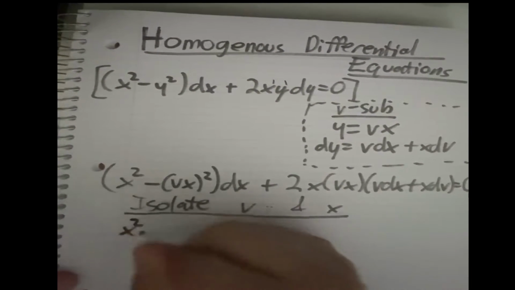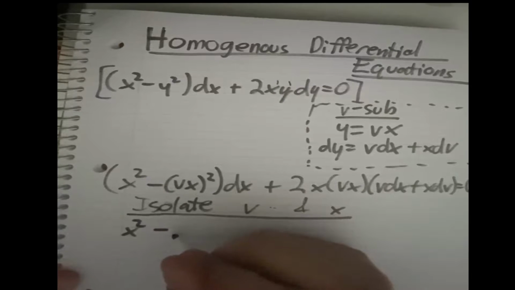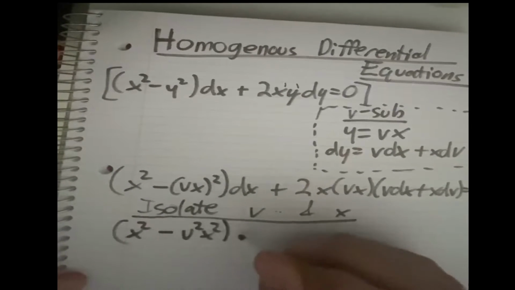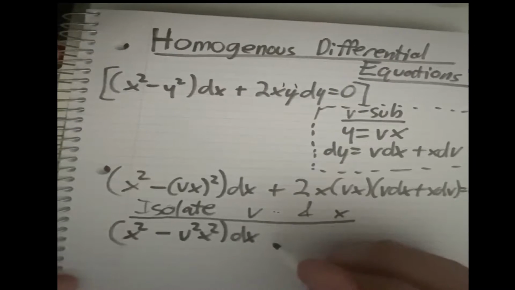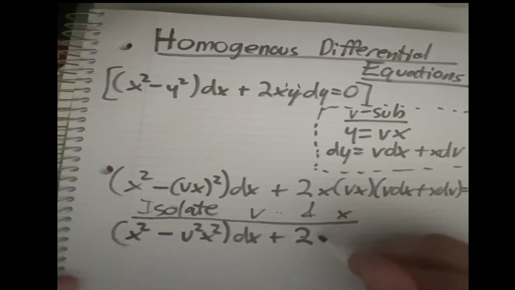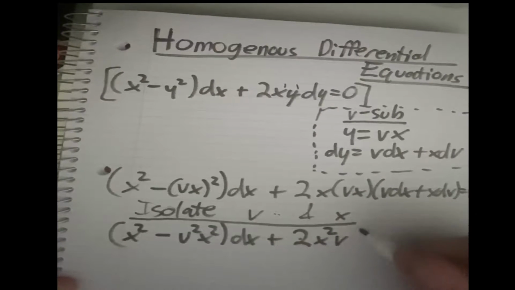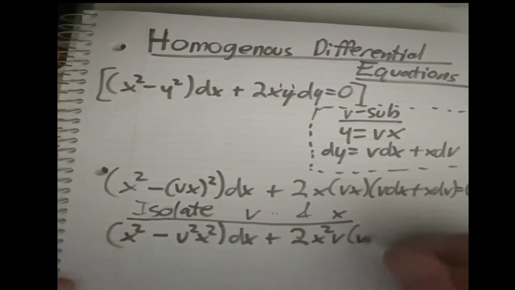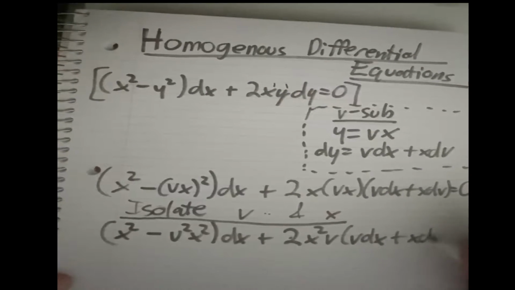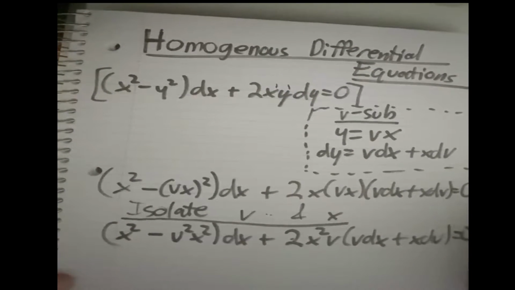So x squared minus v squared x squared dx plus 2x squared v, parentheses, v dx plus x dv, equals 0.